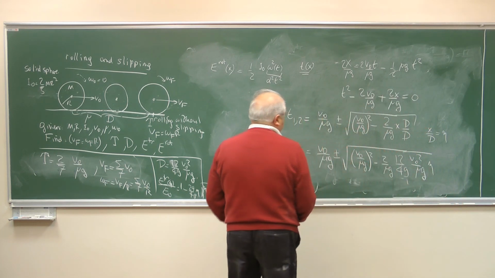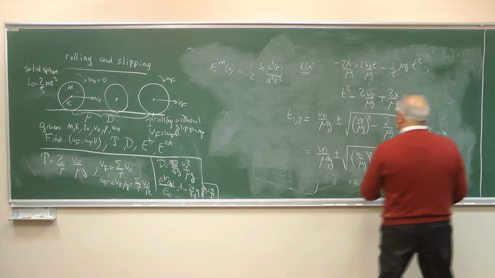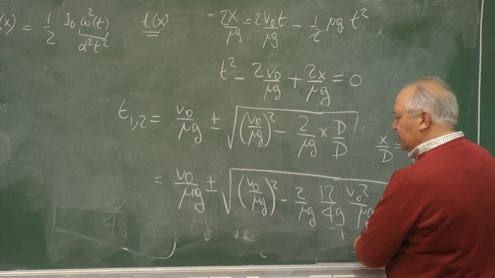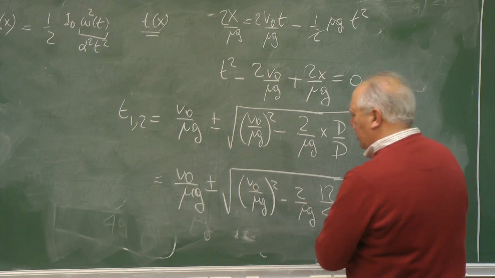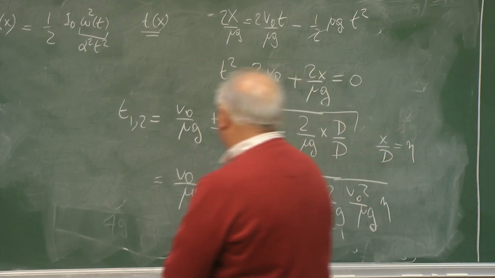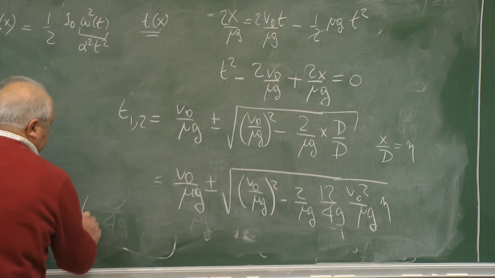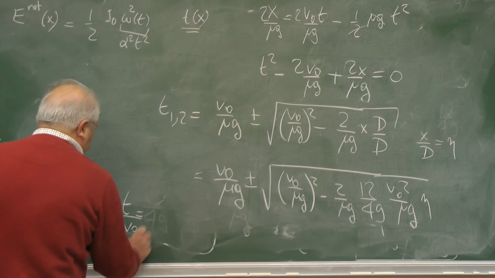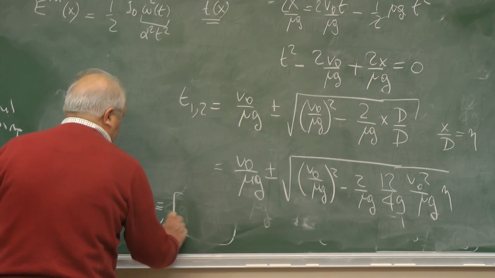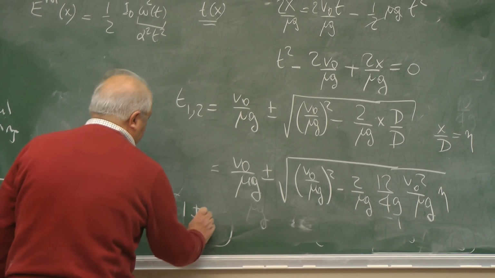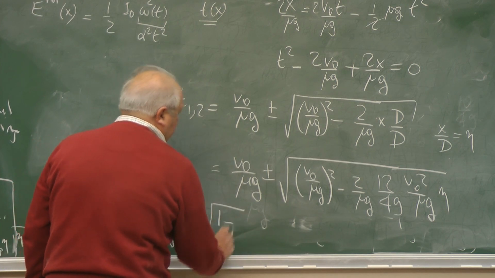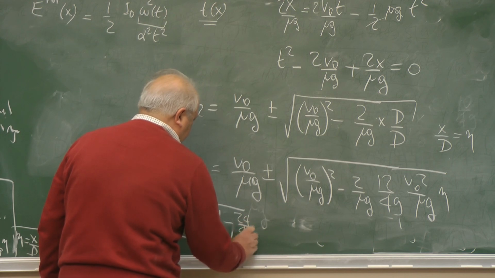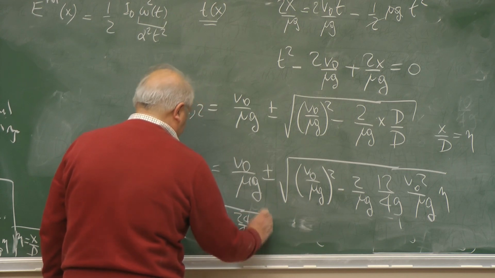So this is v0 over mu g squared, so it goes away. t over v0 over mu g is 1 plus or minus the square root of 1 minus 24 over 49 eta.